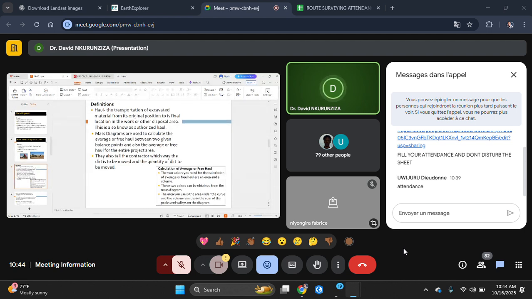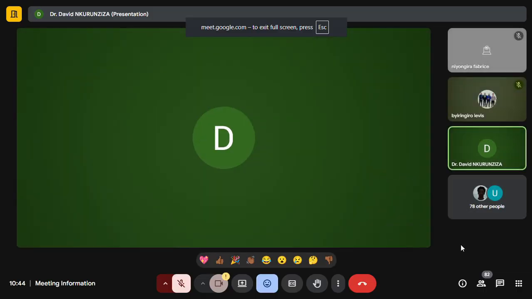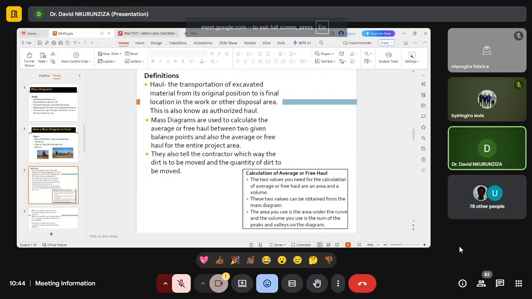This, of course, refers to the horizontal distance that the earthwork must be transported from the point where it is excavated to the point where it is used, or for embankment. I think you understand what I mean. So haul, sometimes we call it haul distance.